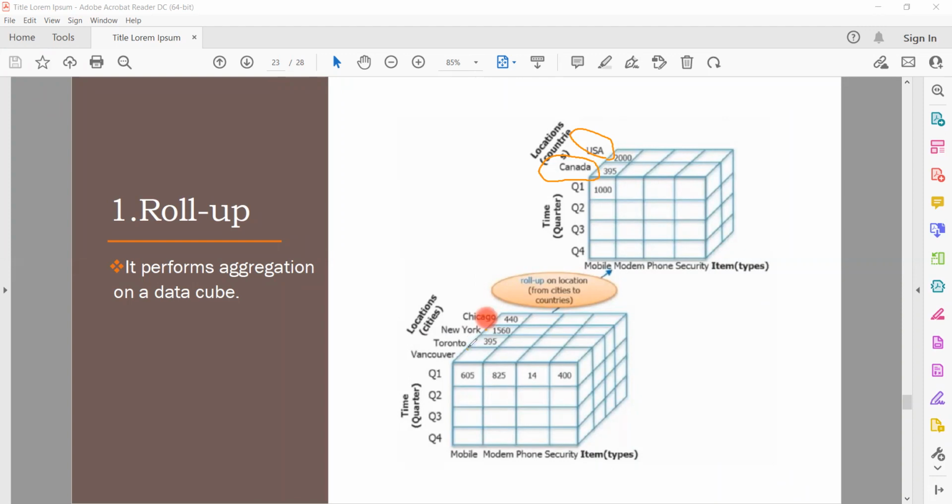Toronto and New York and Chicago into USA. Then Vancouver goes to Canada. Likewise, they roll up. Roll up means we are reducing the dimensions. Here there are 4 quarters. I need to reduce by summing these two into one, summing these two into one. Then I am creating only 2. That is the way we roll up. Okay.